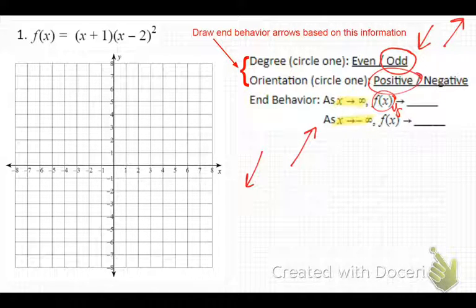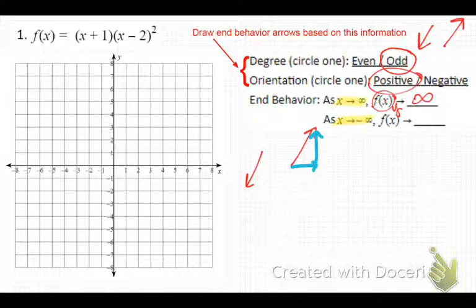So if we're looking at our right arrow, we're always going to start by looking at that right arrow, okay? So as I go to the right, do I have to go up or down to meet my arrowhead? I'm going to go up, okay? So is that positive infinity or is that negative infinity? Positive. So f of x goes to positive infinity.